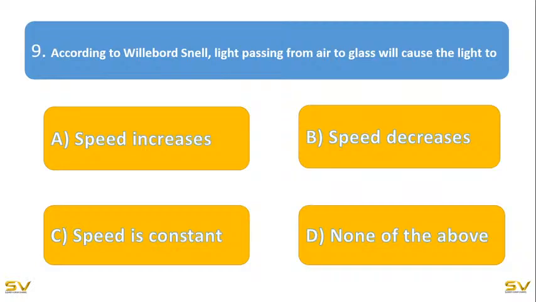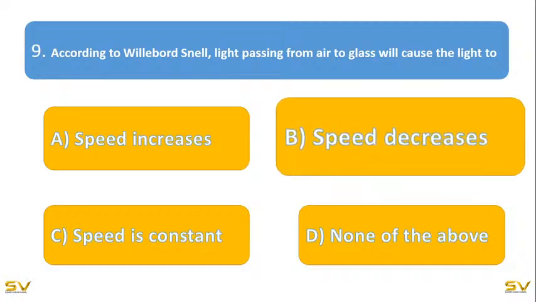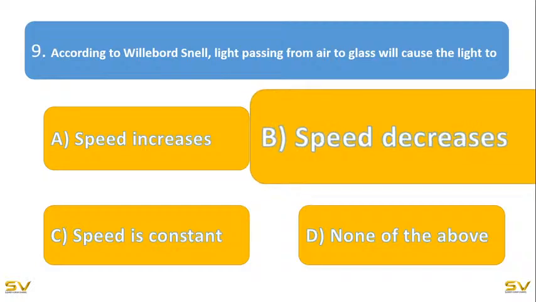So from rarer to denser, what happens to the speed? Yes, your option is absolutely correct. Speed decreases. So option B is correct. When coming from rarer to denser, due to the change in speed only, it bends. So that means its speed decreases.